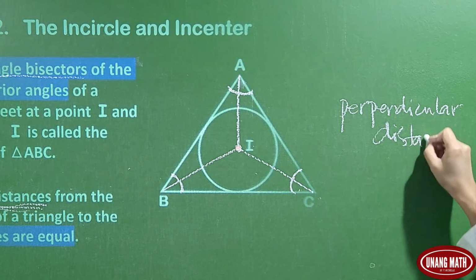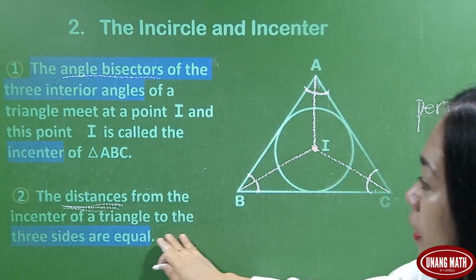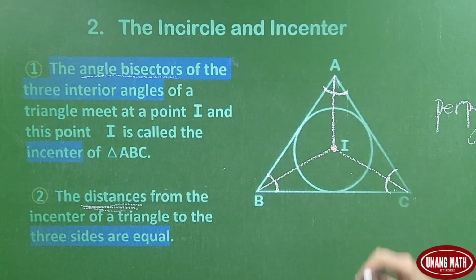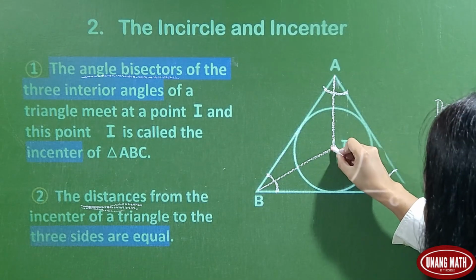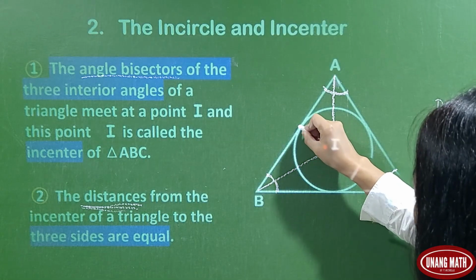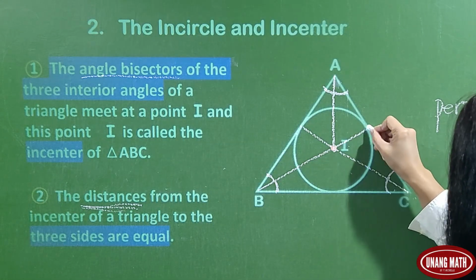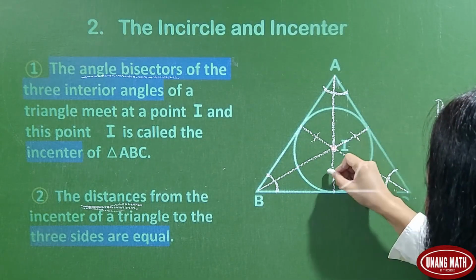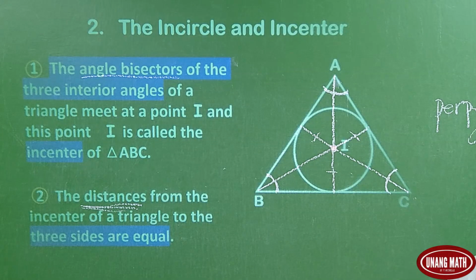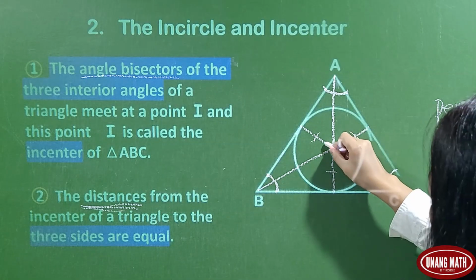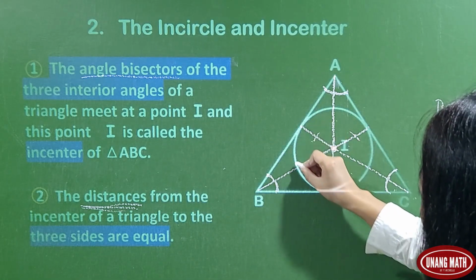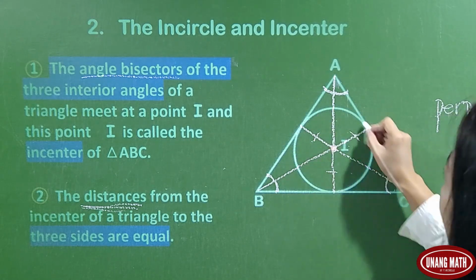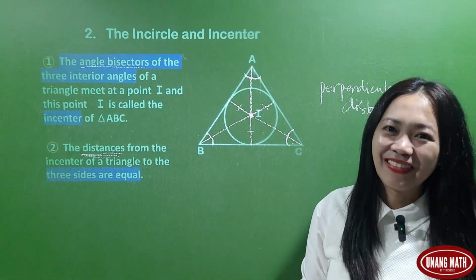So from the incenter to the three sides of our triangle, it means from the incenter to this point, incenter to this point, incenter to this point. These are all equal in length.